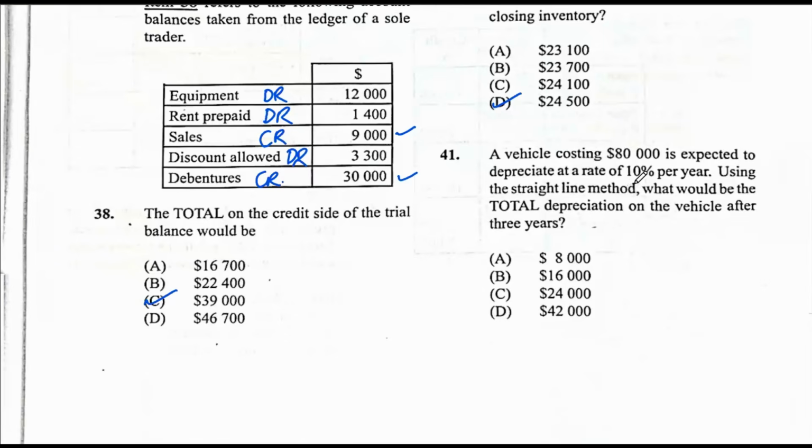They said 10% per year. So 80,000 by 10% per year means our depreciation will be a constant $8,000.